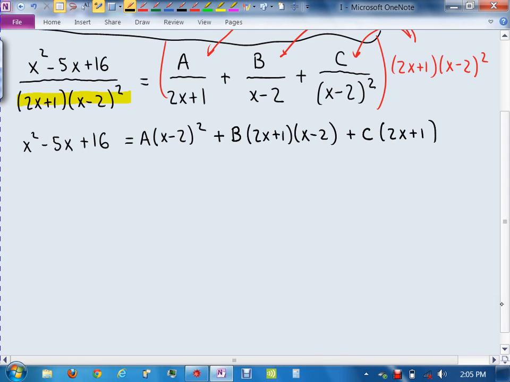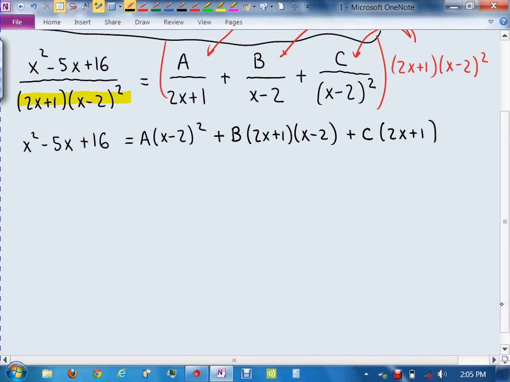Or if you try and kill off C, you're going to kill off B. Do you see what I'm saying? You cannot preserve B while trying to still kill the A and the C. So you could try and find A and C first and then solve for B, which would probably work in this problem. But this is where I want to show you the new approach, okay?